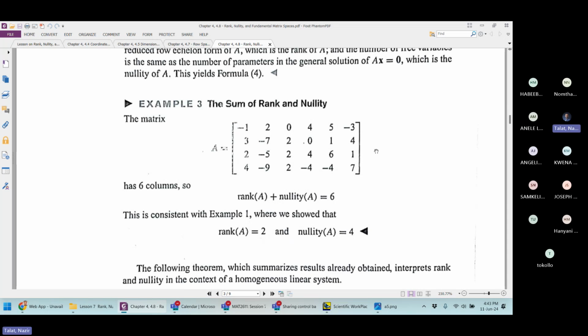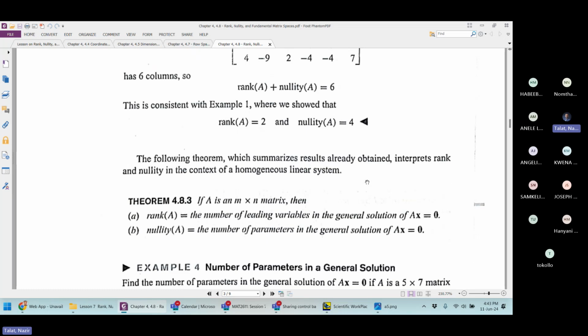Whenever A has, say, 4 rows and 6 columns, and the rank is 2, then the nullity of A is equal to 6 minus 2, which is equal to 4. So one can verify this.